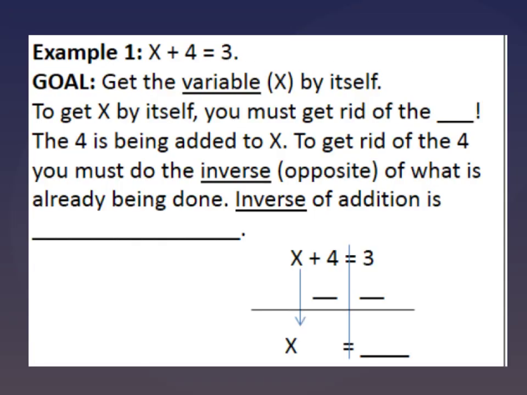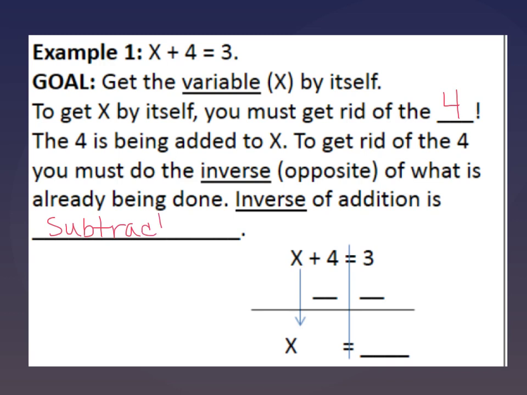If we want to solve x plus 4 equals 3, our goal is to get the variable x by itself. To get x by itself, you must get rid of the 4. The 4 is being added to x. To get rid of the 4, you must do the inverse or opposite of what is already being done. The inverse of addition is subtraction.